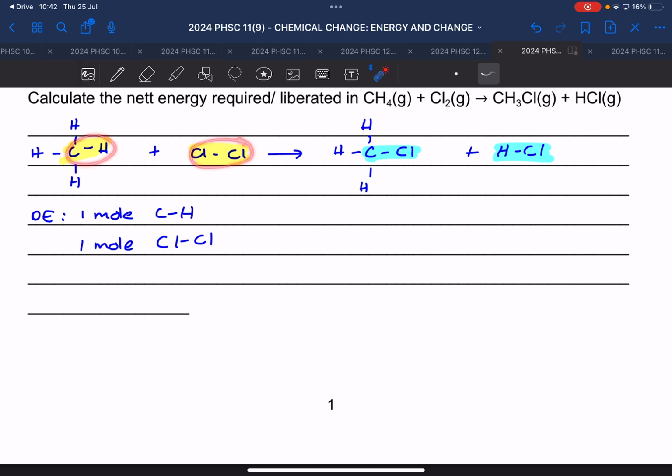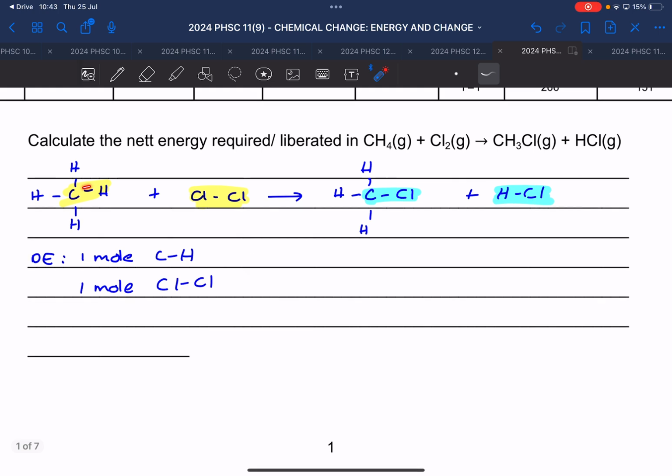If this one also broke up, and these two also broke up, for example, okay? But let's say this one and this broke, then it would have been 2 mole. Are you with me? But if this was a double bond, then it's not 2 mole, then it's just a double bond.